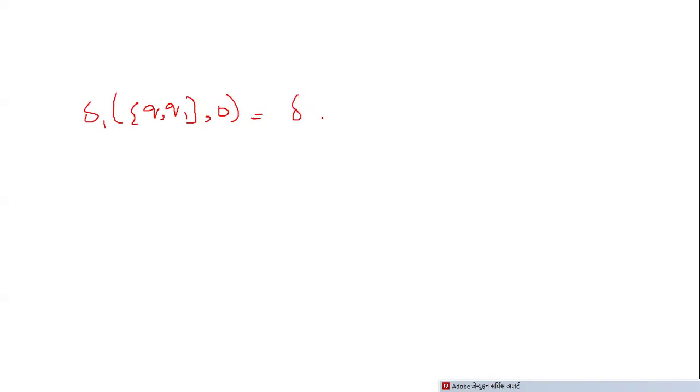Del is nothing but the transition function for the given NFA. So del of q naught comma 0 union del of q1 comma 0.